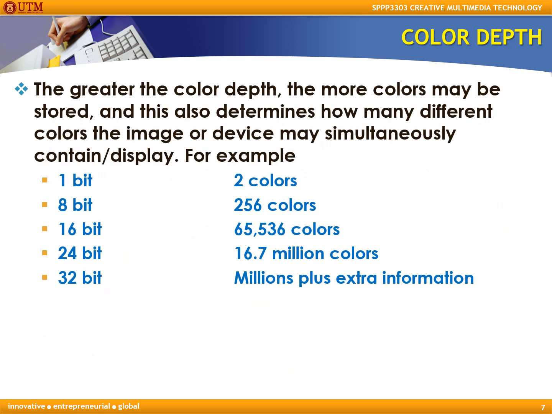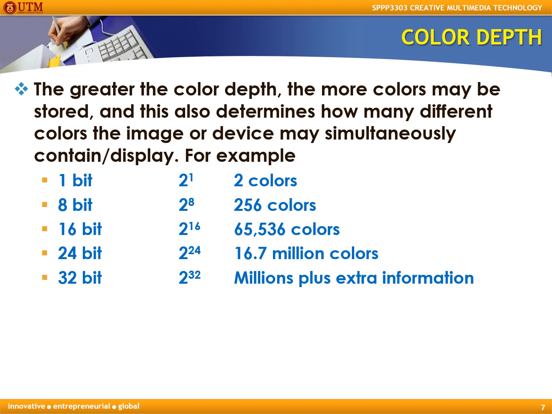Now, the greater the color depth, the more colors it may store, and this determines how many different colors the image or device may contain to display. For example, for 1 bit we only have 2 colors. We will see examples of images with 1 bit, 8 bits, 16 bits, and so on.